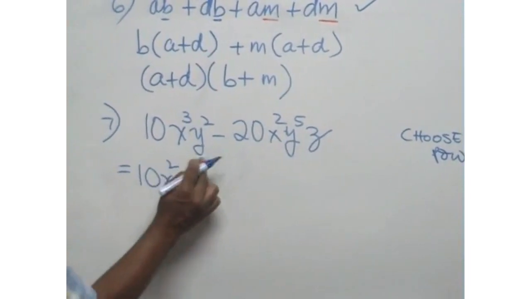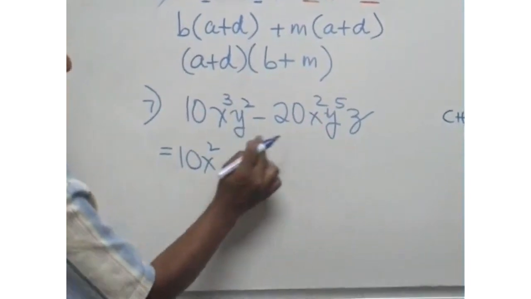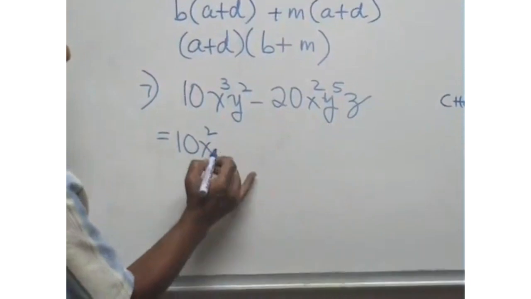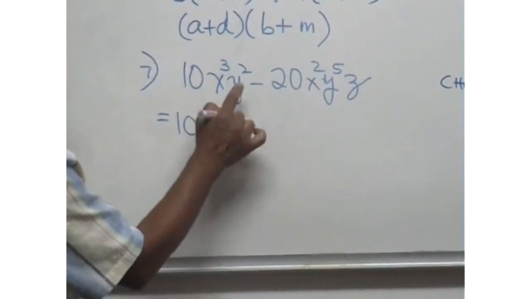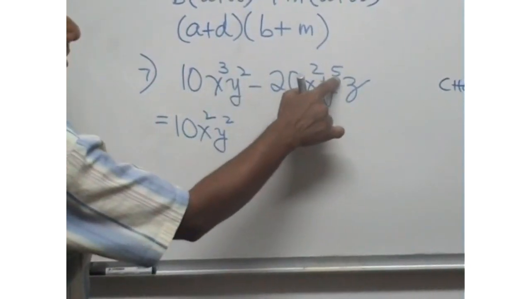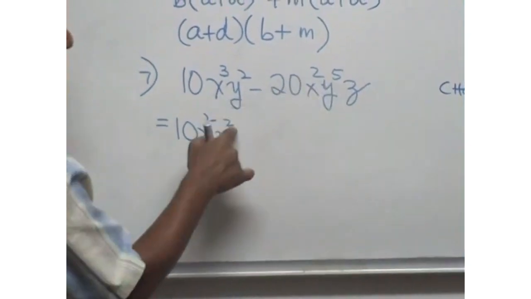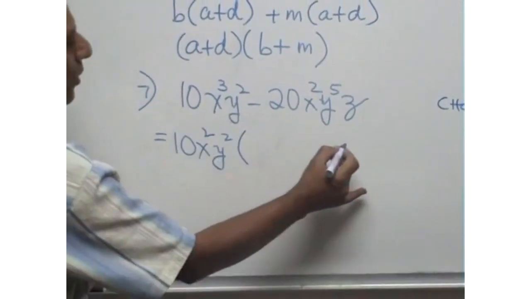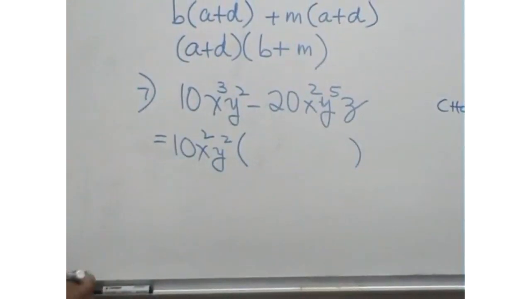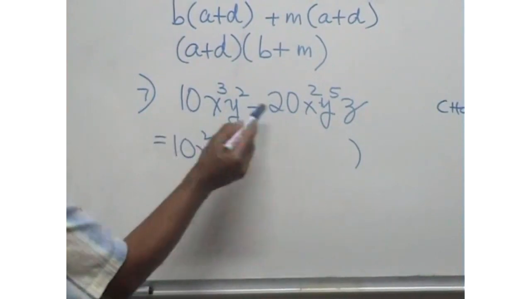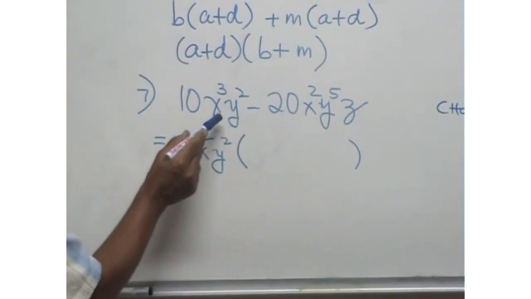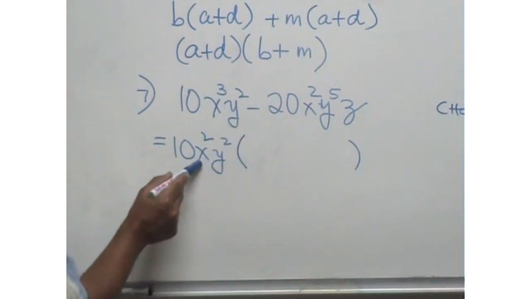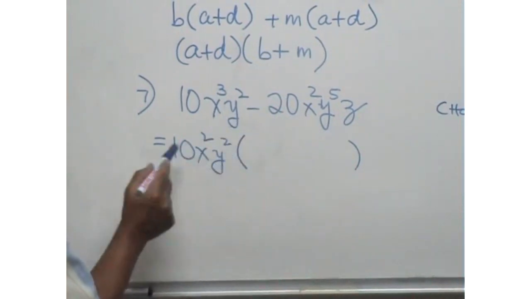Then you got y squared and y to the 5. So the lowest power for these two is also 2. You see? Comparing y squared and y to the 5, you choose the lowest power. For the numbers, you choose the highest common factor. For the powers, you choose the lowest power.